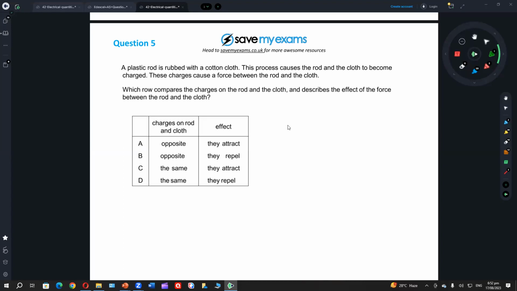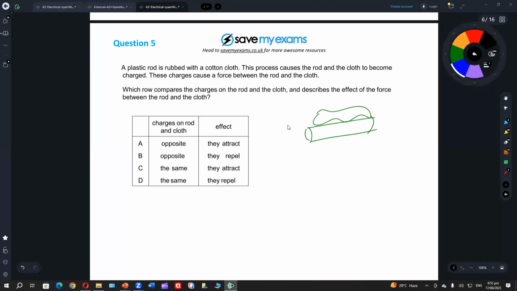When you rub two objects, one object loses electrons and the other object gains electrons. So suppose this is the rod and this is the cloth, and you're rubbing it.